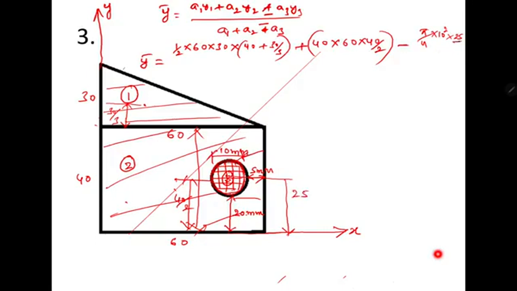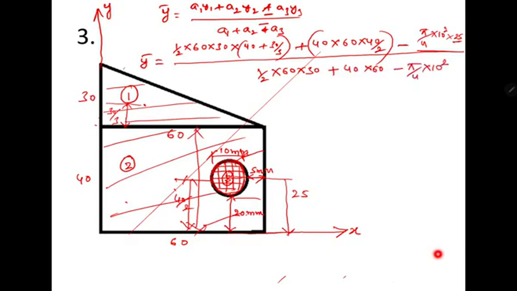I am writing as it is, divided by the total: half into 60 into 30 is A1, plus 40 into 60 is A2, minus pi by 4 into 10 square is A3. So what do we need to remove? I need to remove just the circular hole portion, so that has to be given the negative sign.